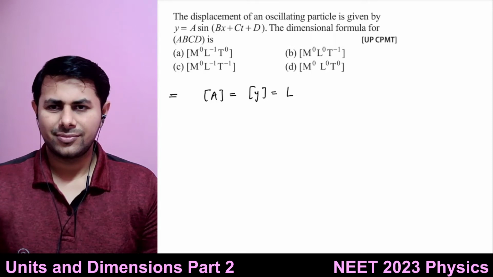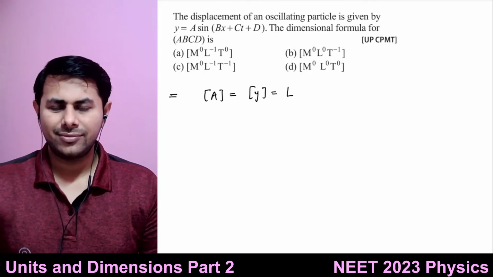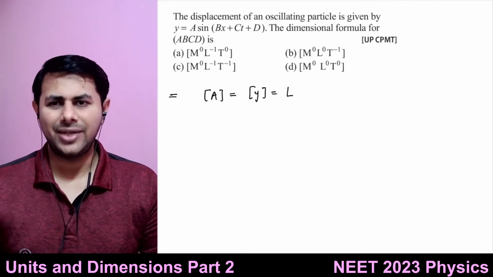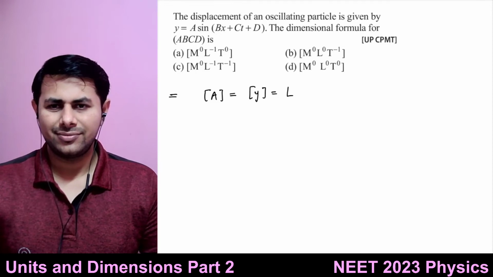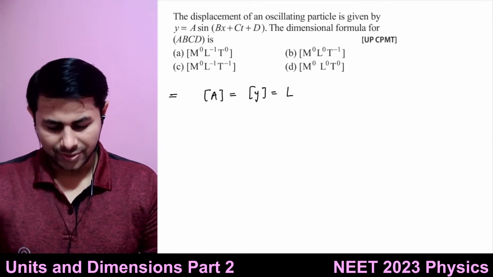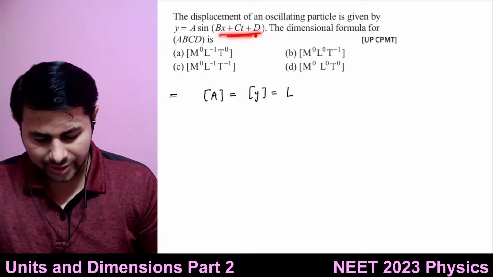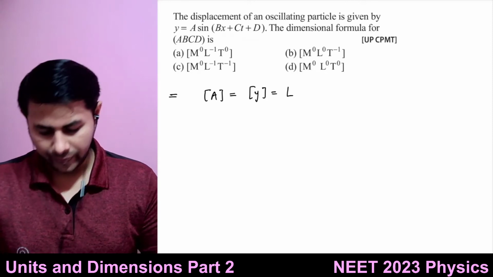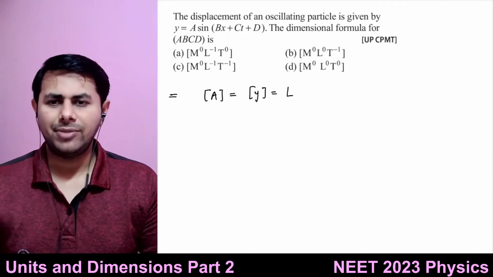Angle, no? We take sine of an angle, right? We take cosine of an angle, okay? So this term inside the bracket must be an angle. So what are the dimensions of an angle?